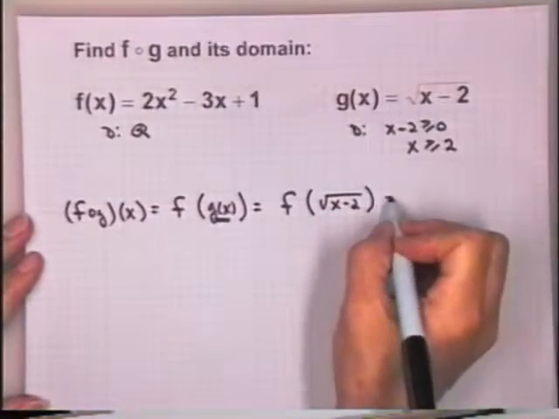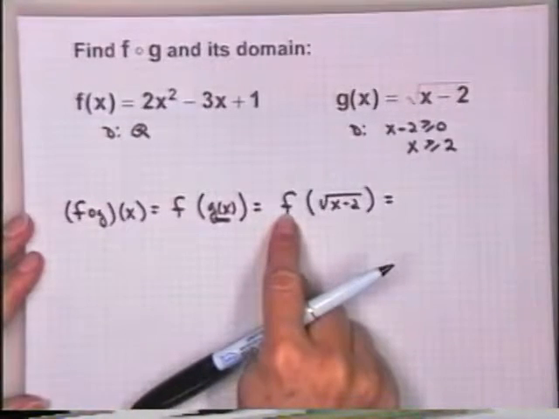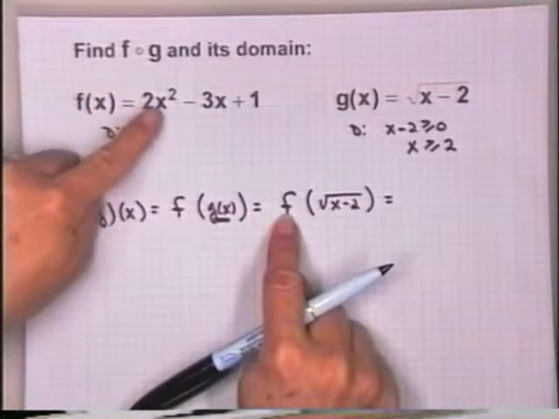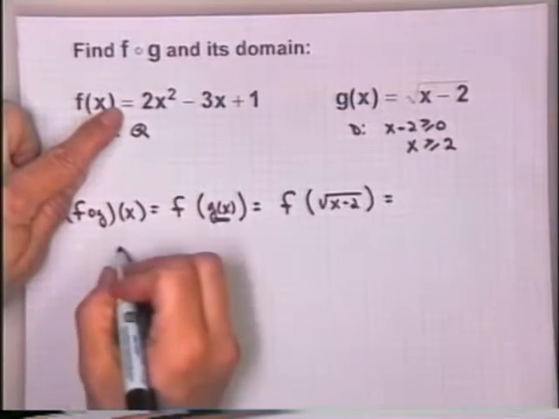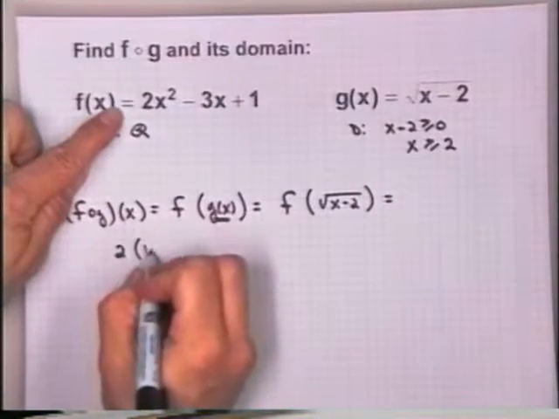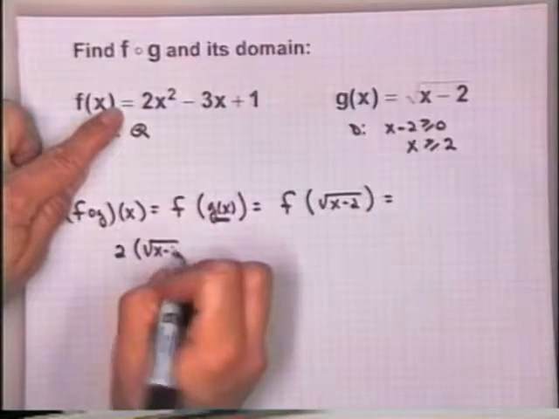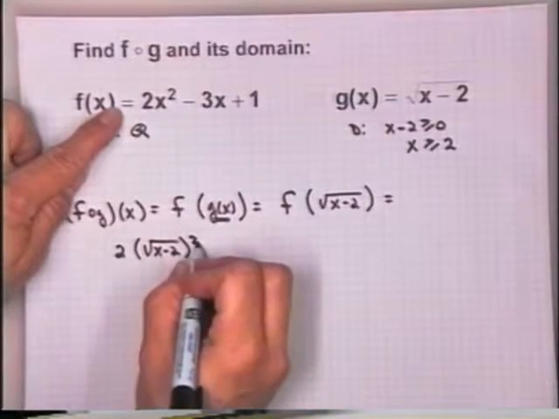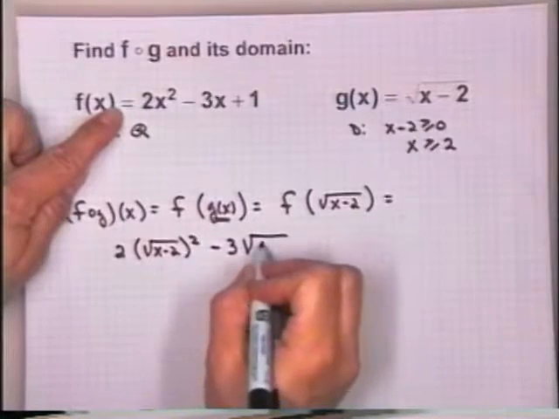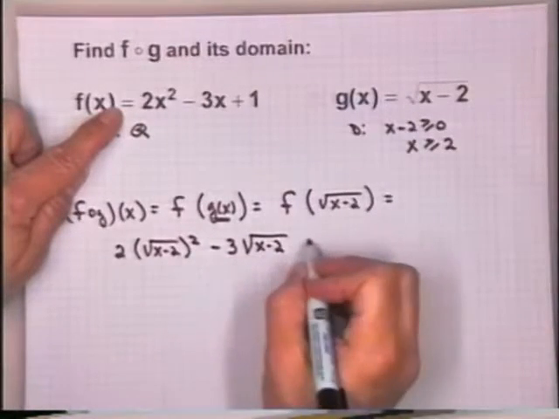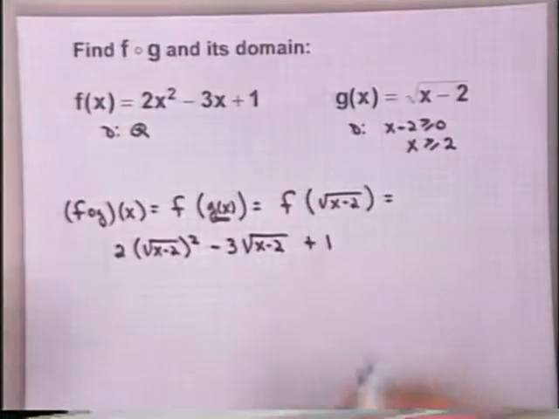Okay? So this means what? We're going to look now at function f right here, and we're going to replace each of these variables with this square root. So I have 2 times the square root of x minus 2, that has to be squared, notice, minus 3 in place of x, the square root of x minus 2, and then plus 1.